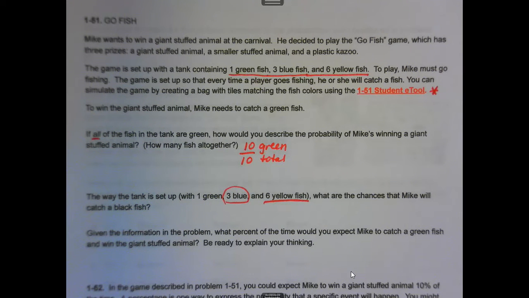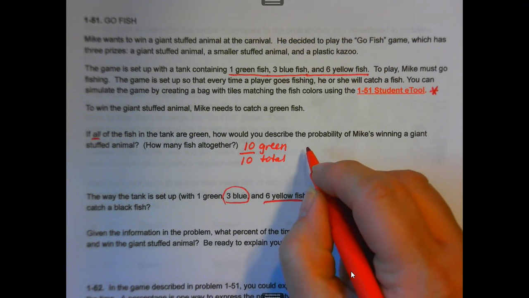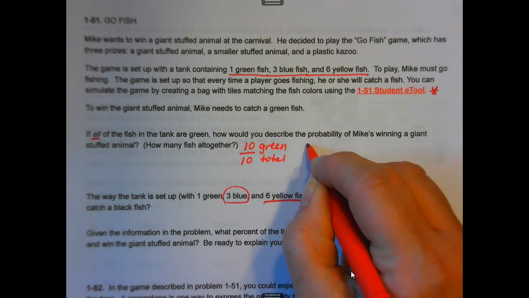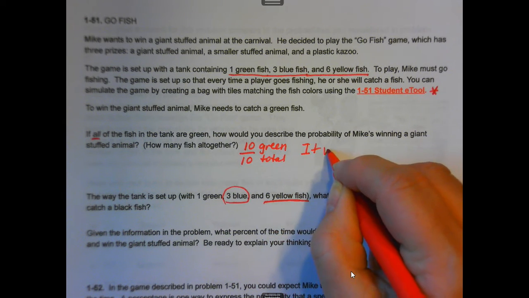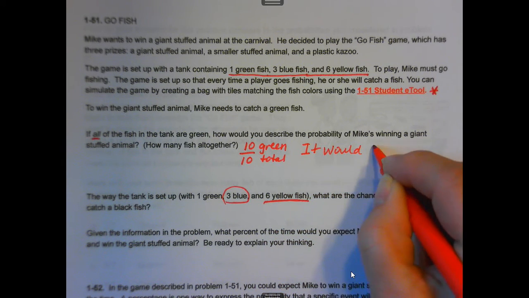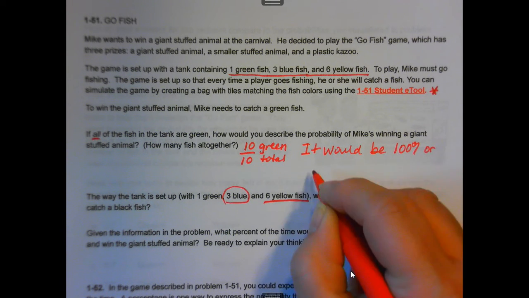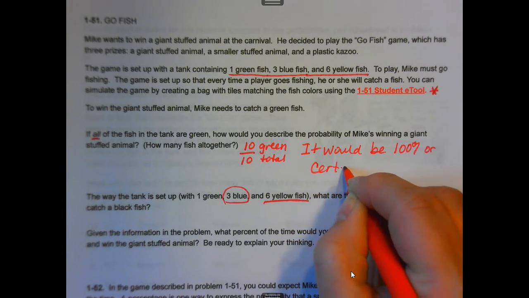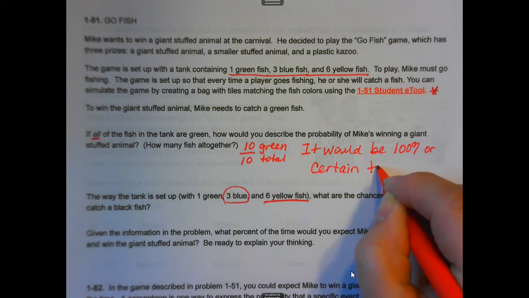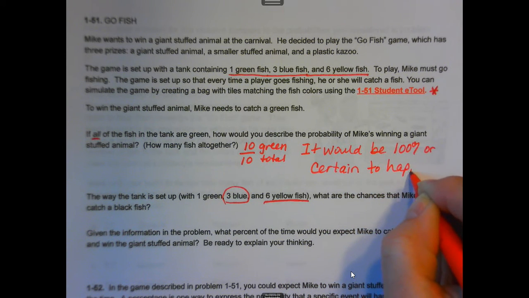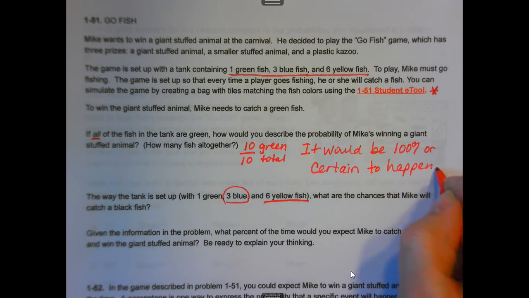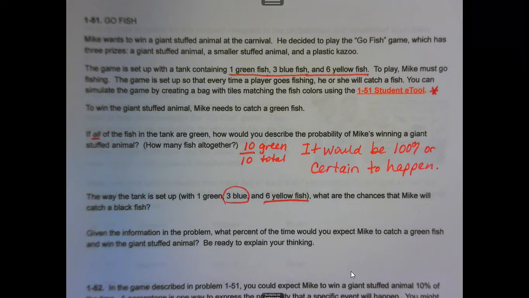So I would describe this probability as certain. Or 100%. And that seems kind of a silly question, but maybe not.